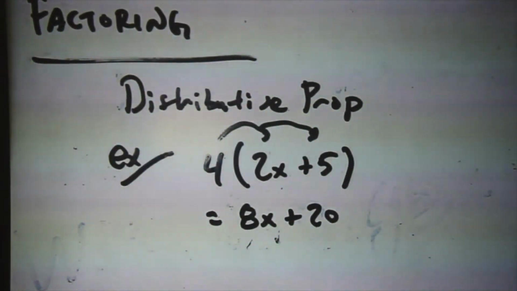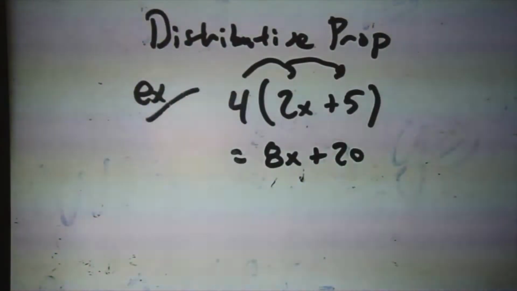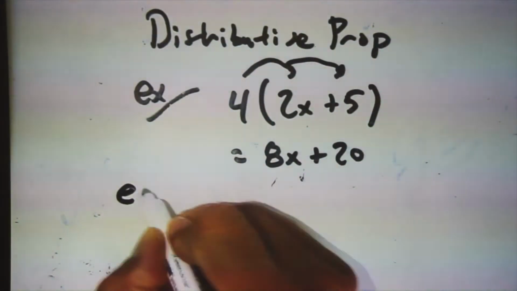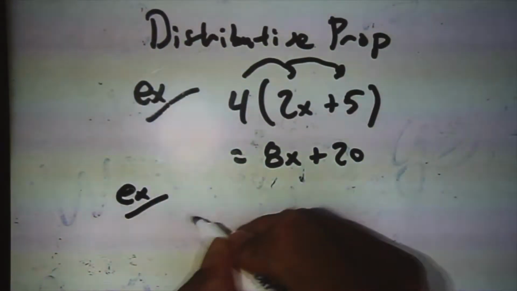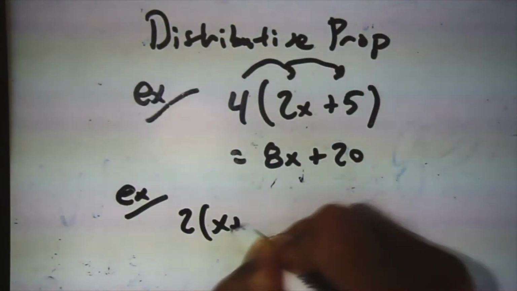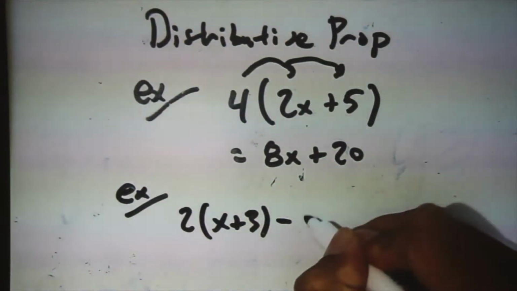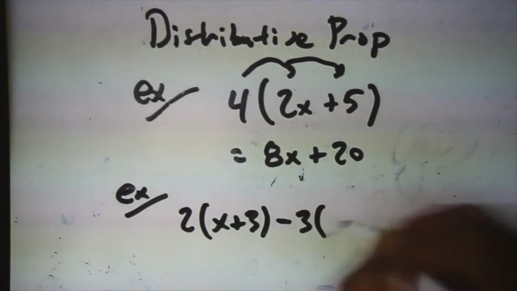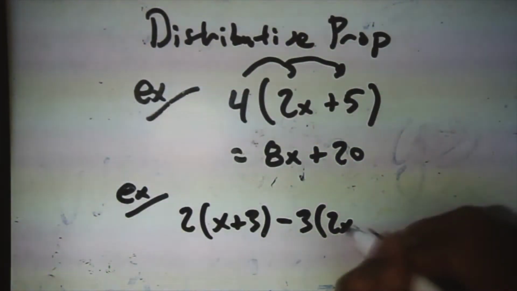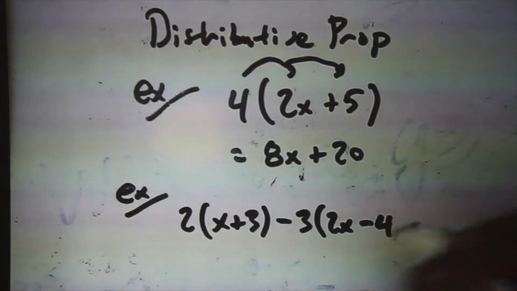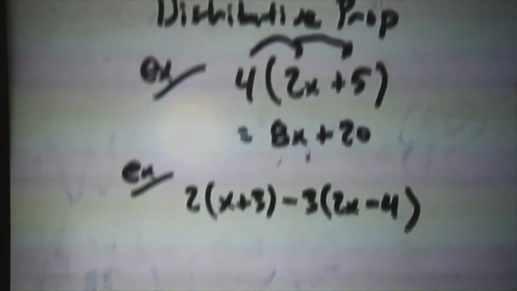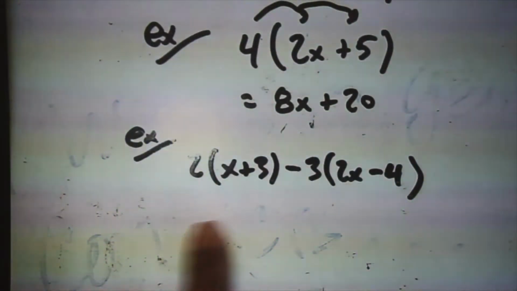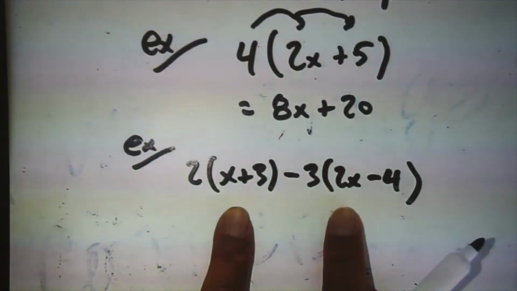Simple distributive property idea. One quick note on distributive property. If we have something like 2 parentheses x plus 3 minus 3 parentheses 2x minus 4, again we can distribute the values that sit inside of both sets of parentheses here.